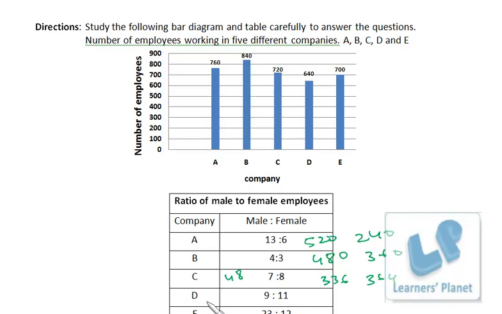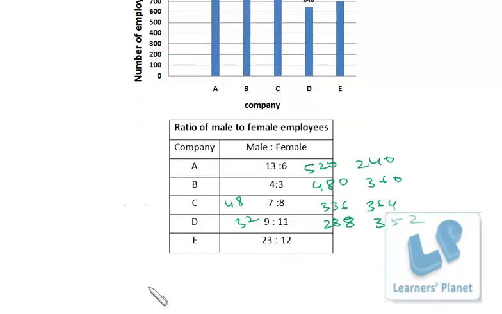Okay, then 9 is to 11, total is 20. 640 by 20 is 32. 32 into 9. Okay, then 23 is to 12, that is 35. So 700 by 35, 20. So 23 into 20 is 460, and 12 into 20, 240. Okay.